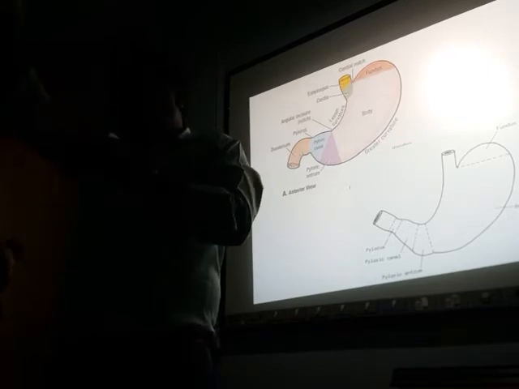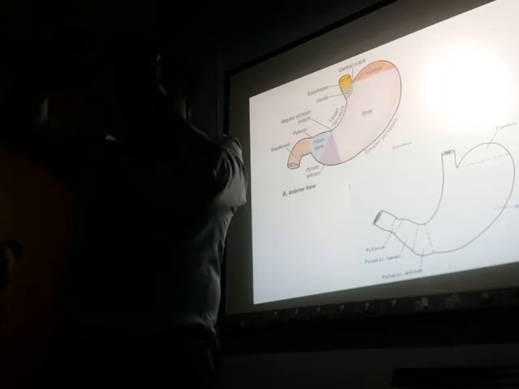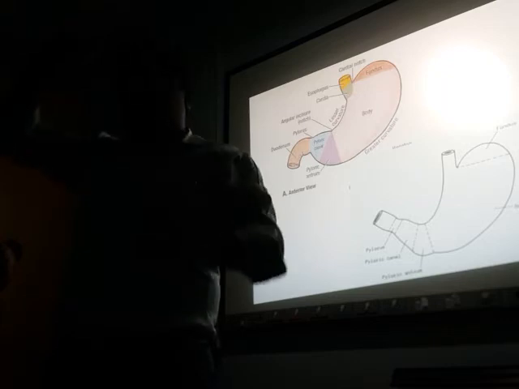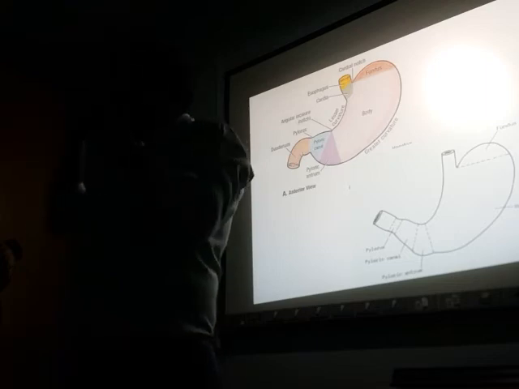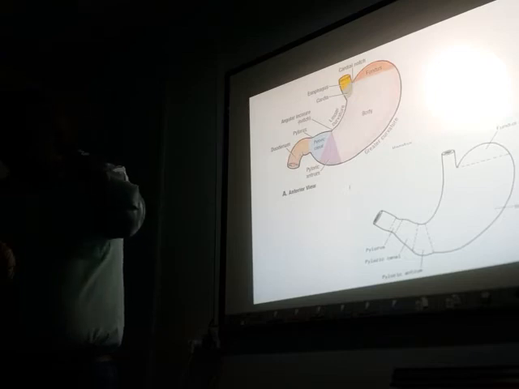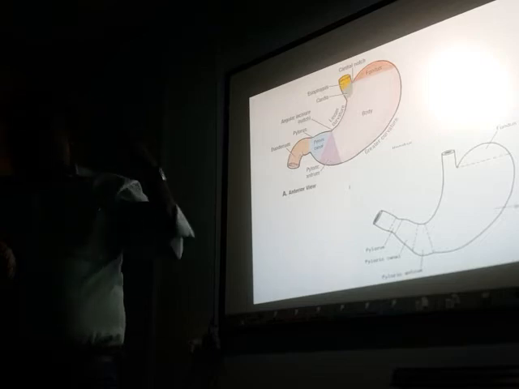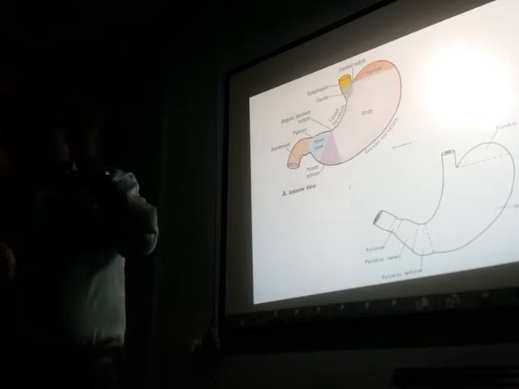When the peristaltic wave comes, it opens and empties the contents from the esophagus into the stomach. But when you observe anatomically, this end of the esophagus or the end of the stomach under the microscope, you don't find an extra circular muscle layer when you compare it with the pyloric end. So there is no sphincter actually.